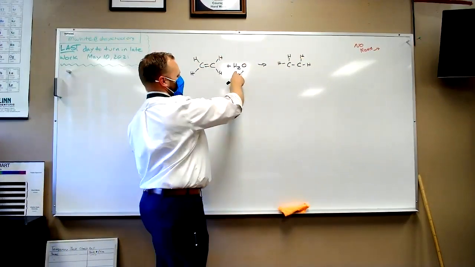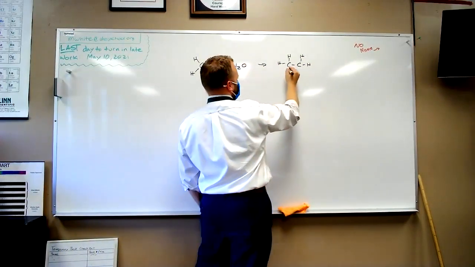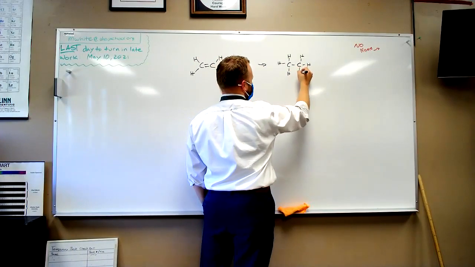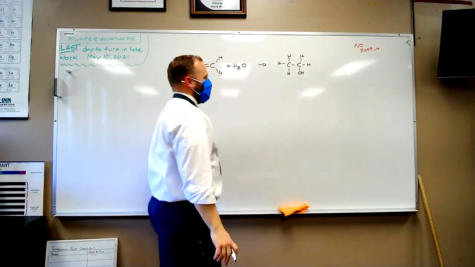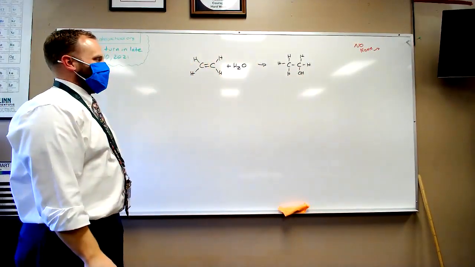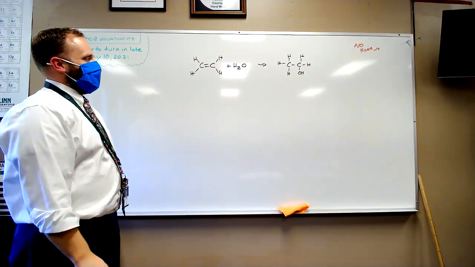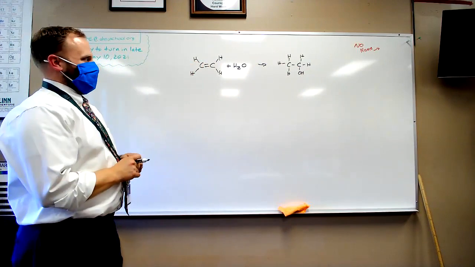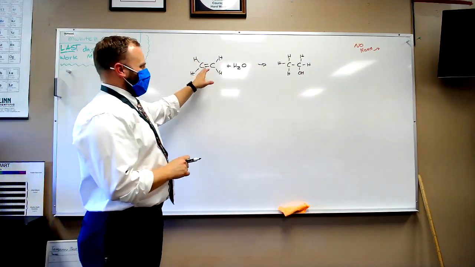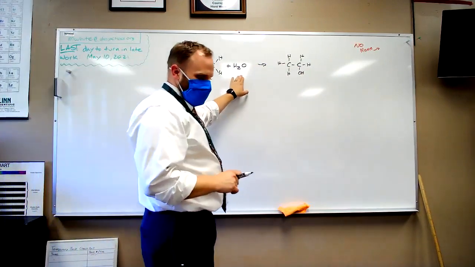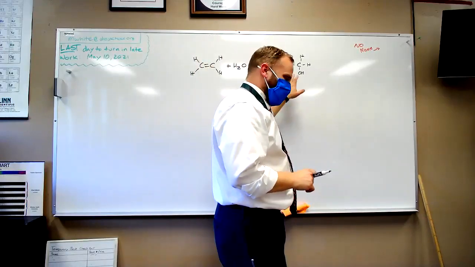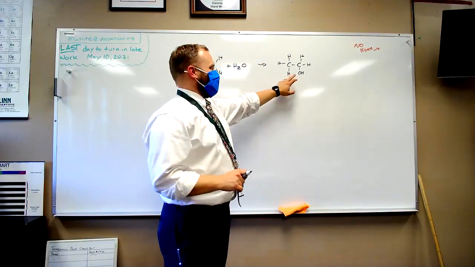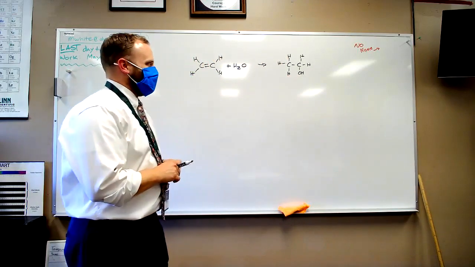And then this, we're going to break it apart into a hydrogen and a hydroxide. So we're creating an alcohol. We take an alkene and hydrate it, so this is hydration, we create the alcohol.